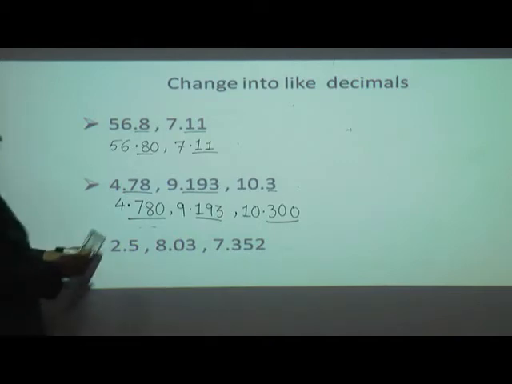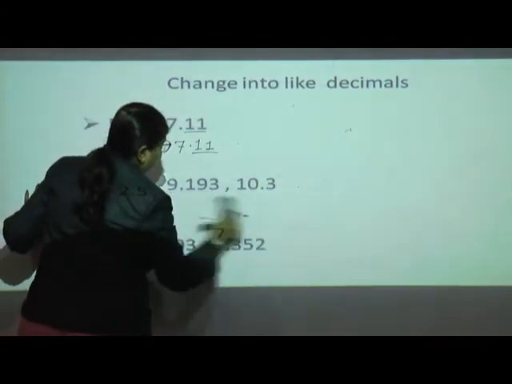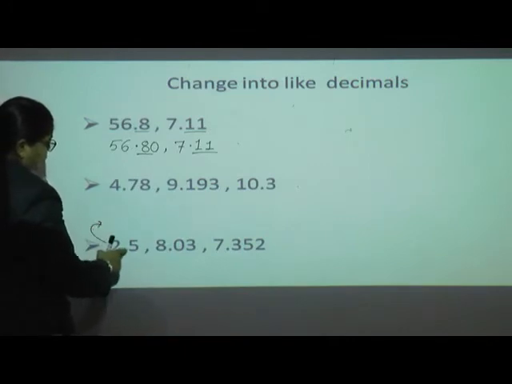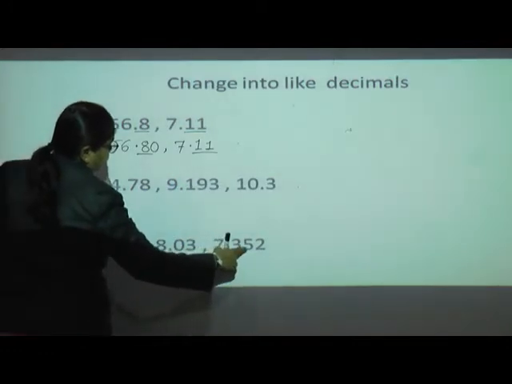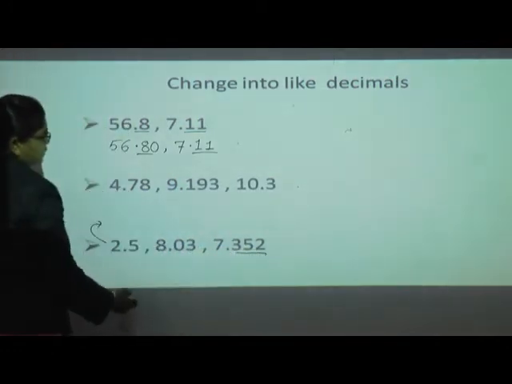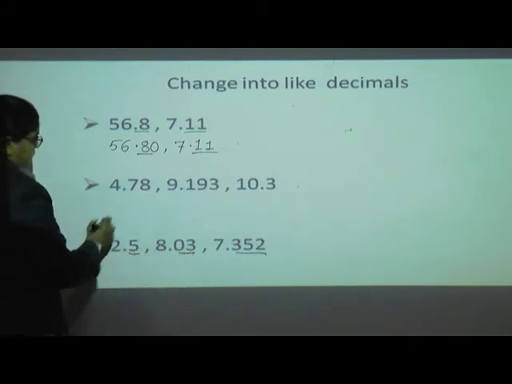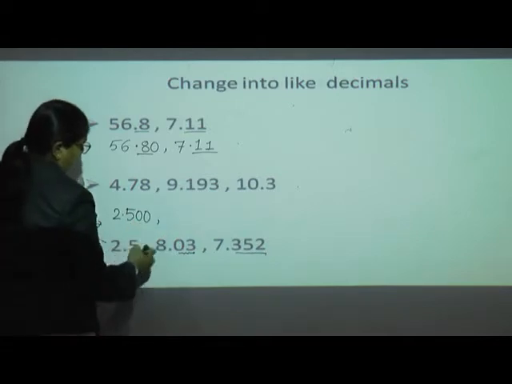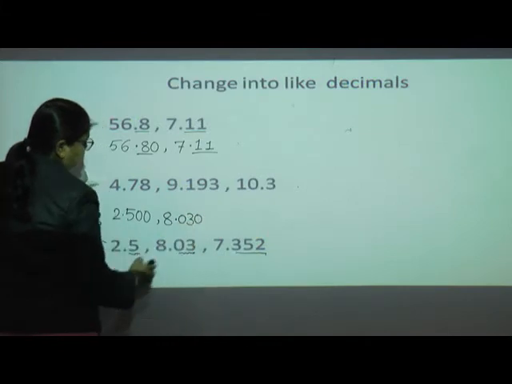We will see one more example which I will write at the top, so you can see it and understand. Here is 2.5, here is 8.03, 7.352. Here we are having 3 digits, so we have to make these 3 and we have to make these 3. So what do we write? 2.500, because we made it 3, 8.03 and 1 zero only we will add.